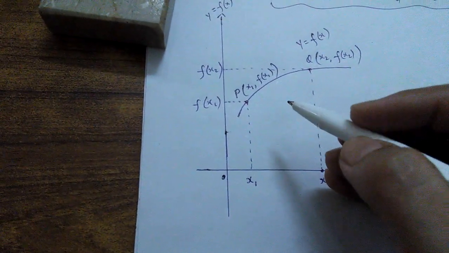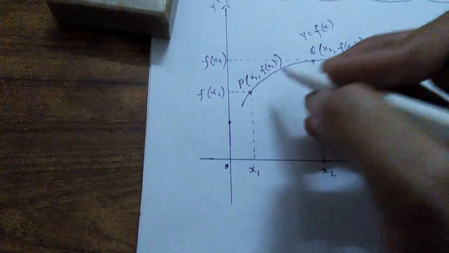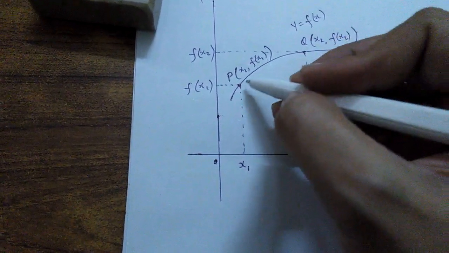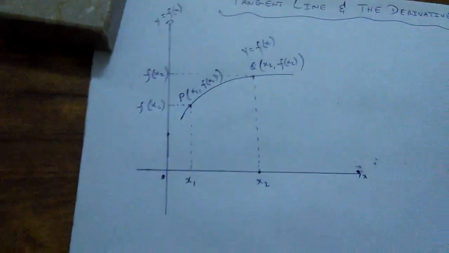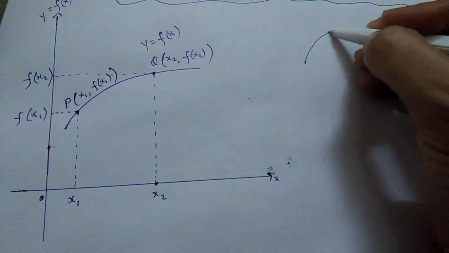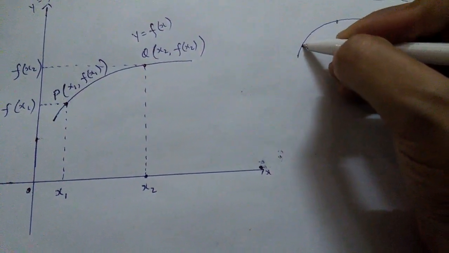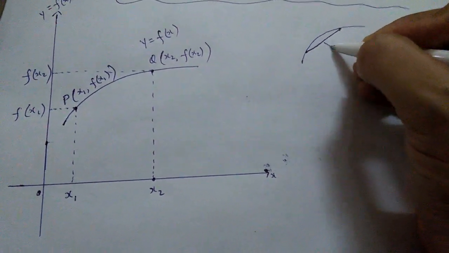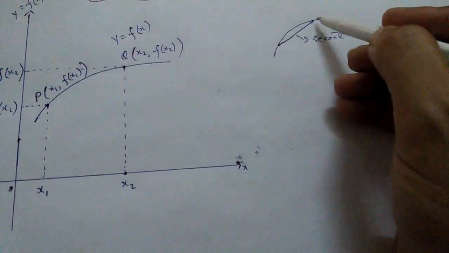If I join these two points on the curve by means of a straight line, that straight line joining two points on the curve is called the secant line. Let me draw it roughly over here; later on I'm going to join these points. Just try to understand that this is a curve and these are the two points, and if I join these two points by a straight line like this, this line is called a secant line, because it is joining two points on the curve.